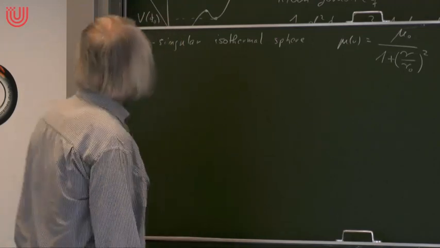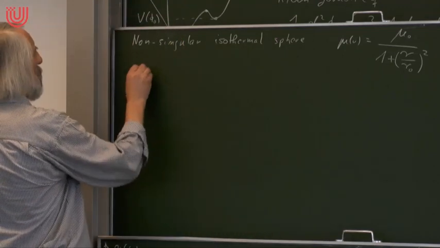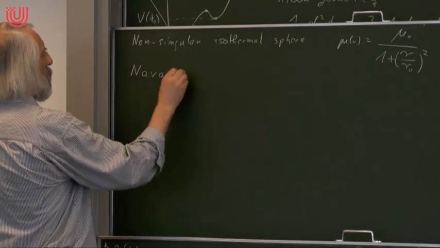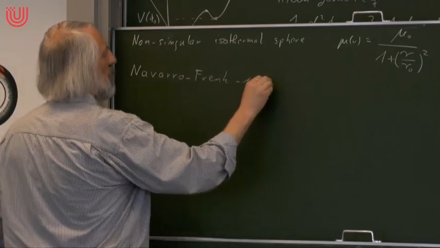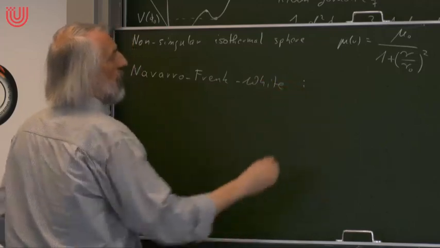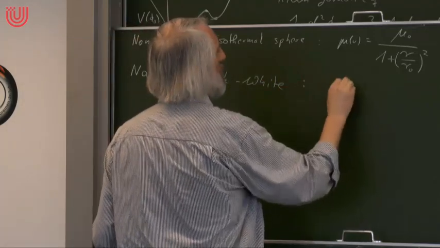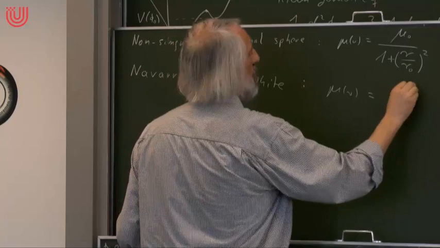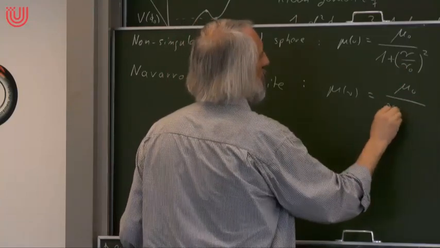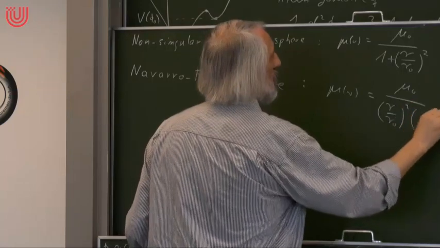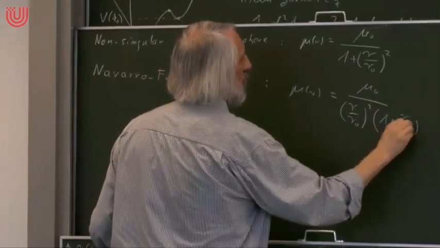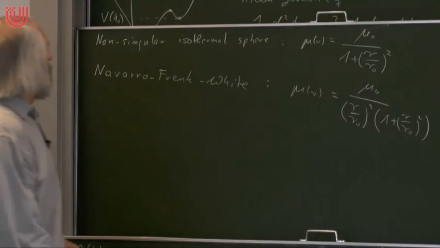It works better with another model, which is called, after the authors who found this, the Navarro-Frenk-White model. There you have an additional, looks quite similar, but you have an additional r over r naught term: 1 plus r over r naught squared.